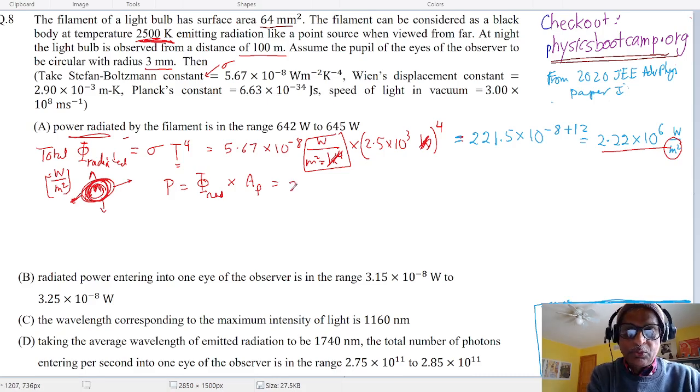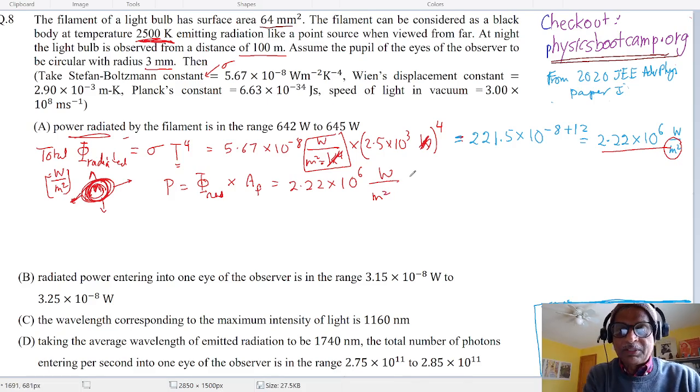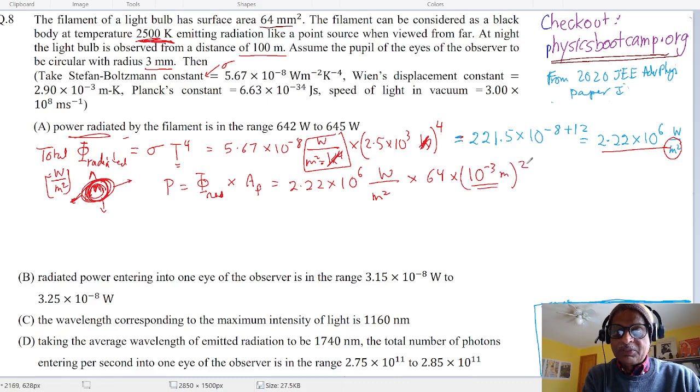So I get 2.22 times 10 to the power 6 watt over meter square, and this is millimeter square. So I have to make it 10 to the power minus 3 meter, each millimeter will be that much, squared. So this power will get rid of that power, and that's the watt.